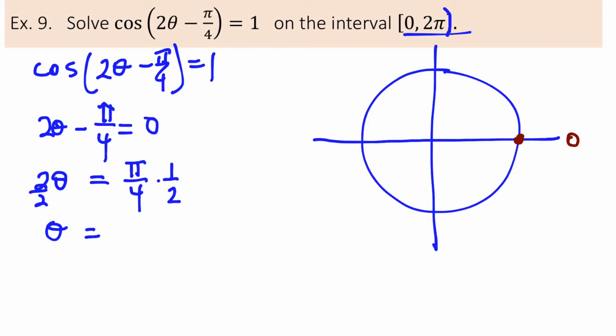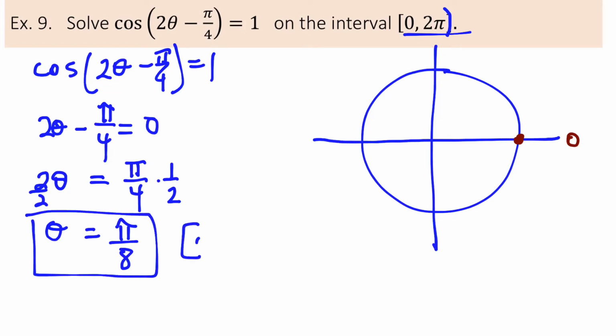So that's theta is equal to pi over 8 radians. Okay, so that is definitely between 0 and 2 pi. So when theta is equal to pi over 8, I have a true statement. So we have one solution to this equation.